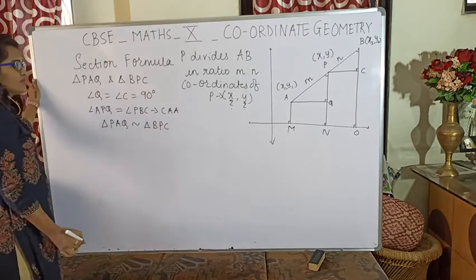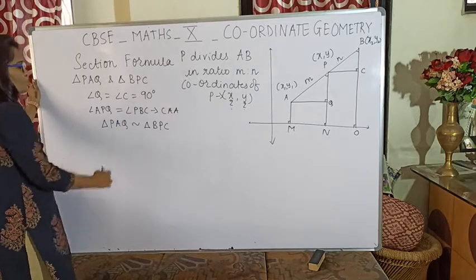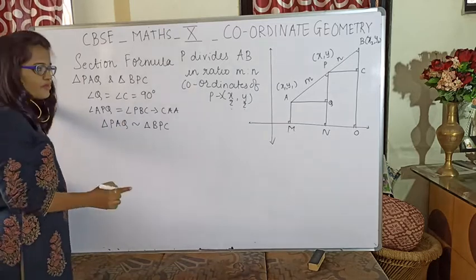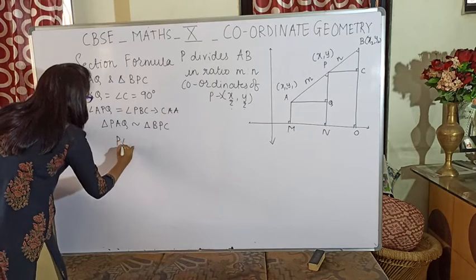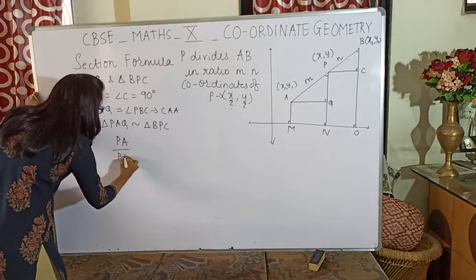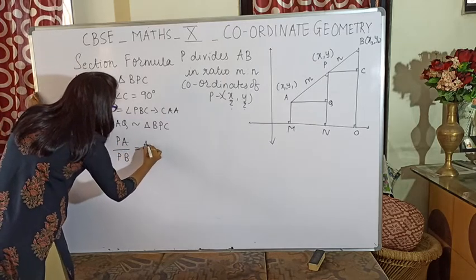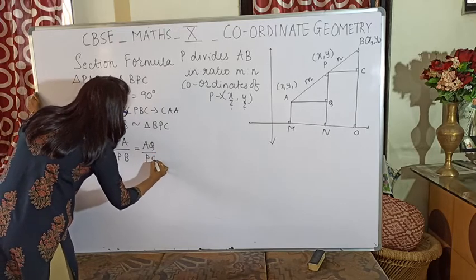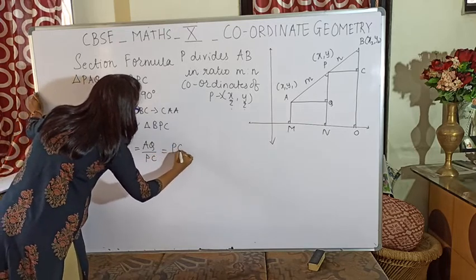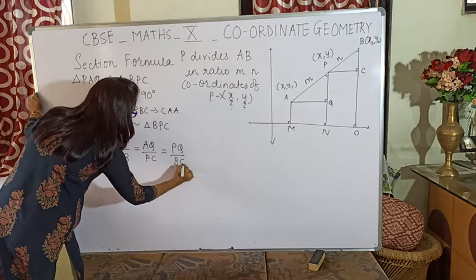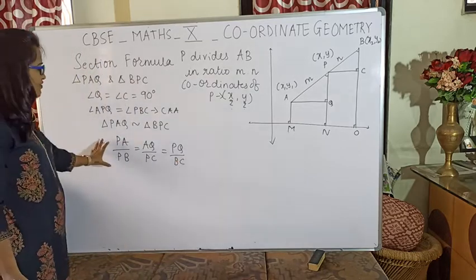If two angles of two triangles are equal, we can write that triangle PAQ is similar to triangle BPC. Hence, if the two triangles are similar, their sides will be proportional. So PA upon PB equals AQ upon PC equals PQ upon BC. Why are we taking this?